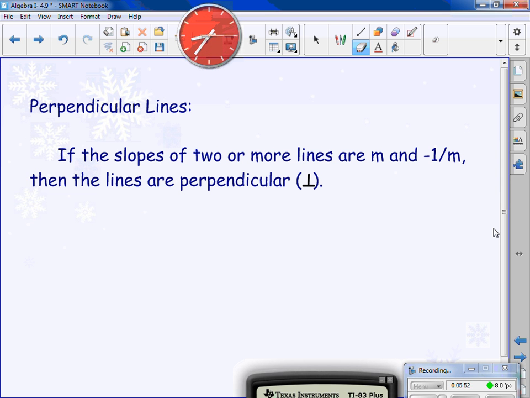If the slopes of 2 or more lines are m and negative 1 over m, the lines are perpendicular. The symbol for a perpendicular is an upside down T. If the slopes are opposite reciprocals of one another, then they're perpendicular. They have the opposite signs and the reciprocal, or flip, of one another.